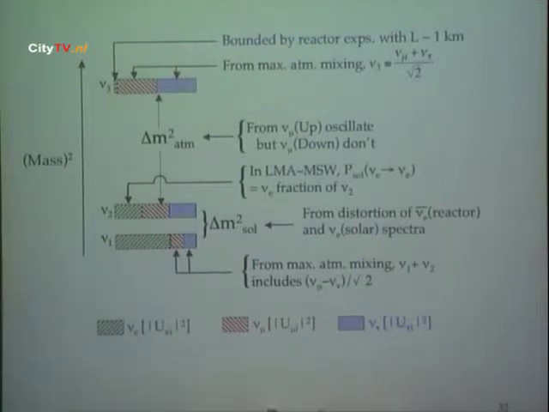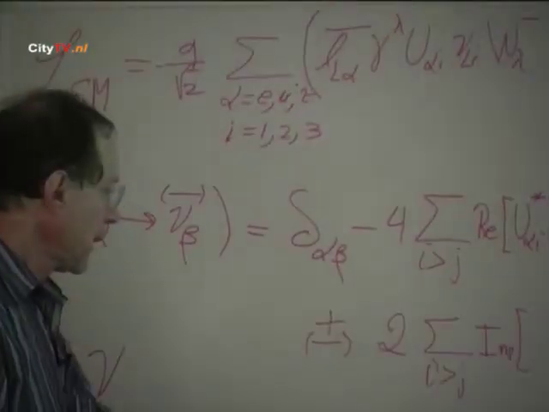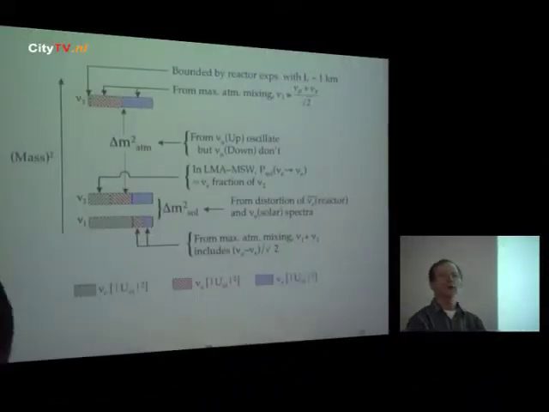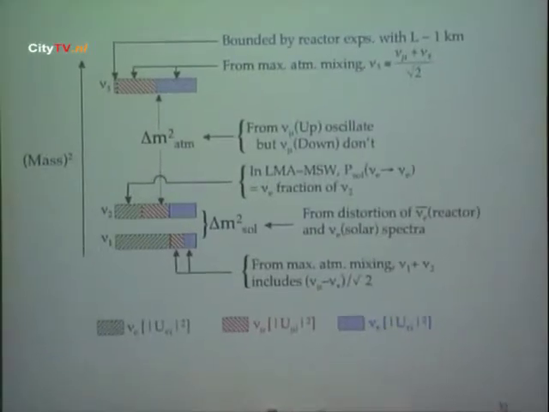In an experiment like that, a formula of this form holds, and this effective mixing angle measures the flavor content of the neutrino that's at one end of the delta m squared that the experiment can see. What these experiments looked for is the disappearance of neutrinos coming out of a reactor as they travel a kilometer.